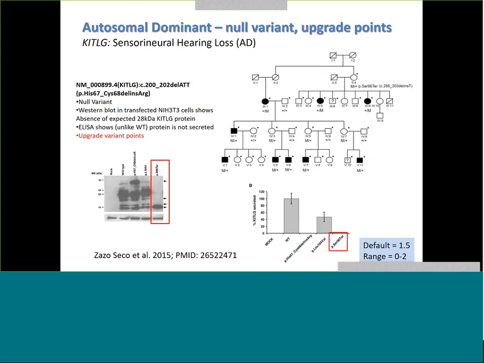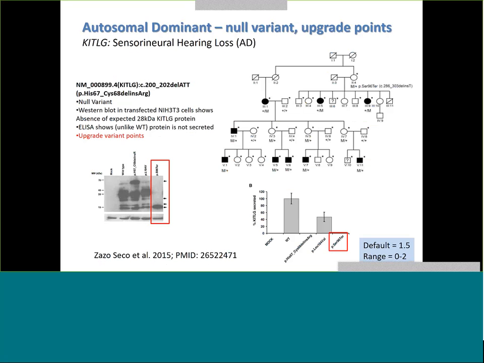So you see the pedigree, but then they also had a couple pieces of functional evidence. The first one showing that in transfected 3T3 cells the 28 kilodalton band for KITLG is gone in the cells transfected with the variant. And then also, as I mentioned, it's a ligand, so it's secreted.